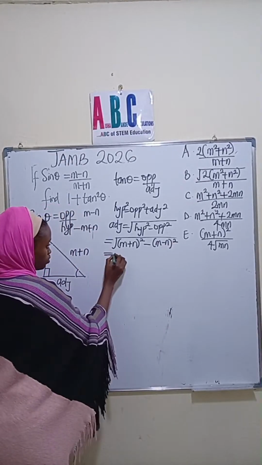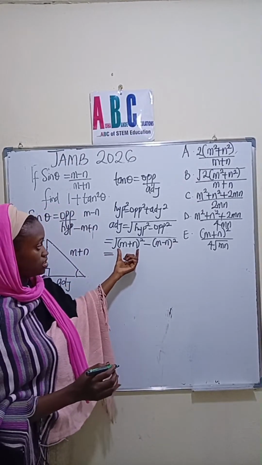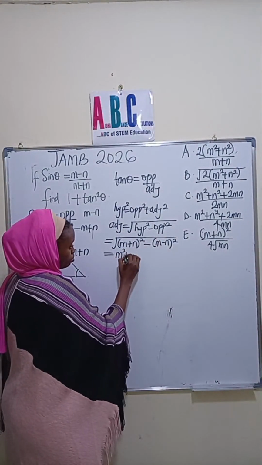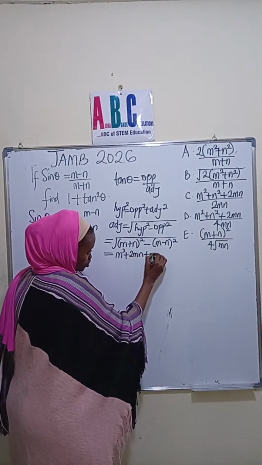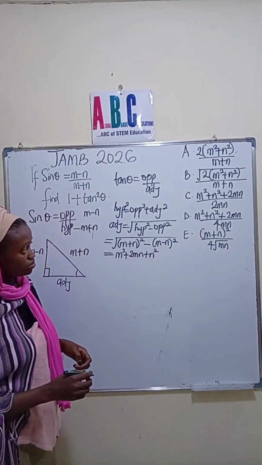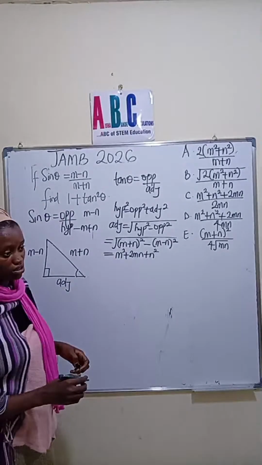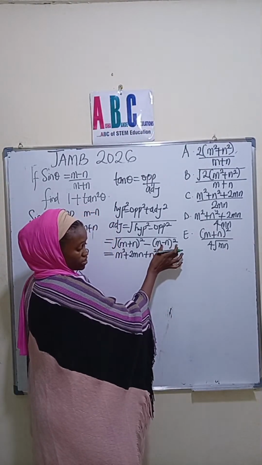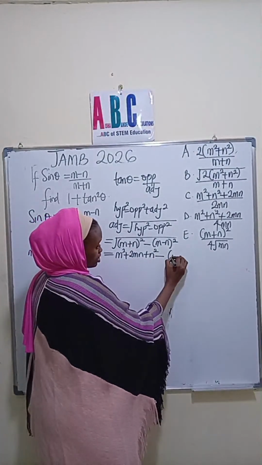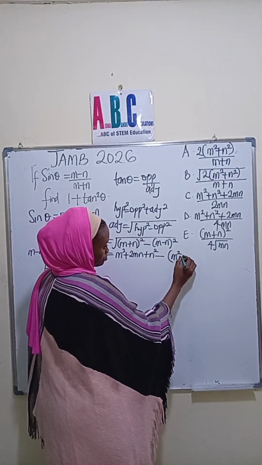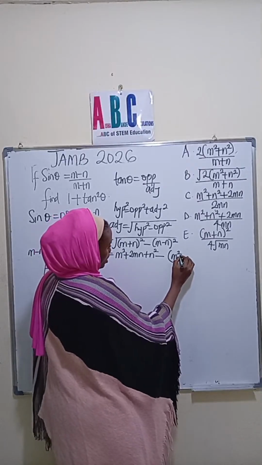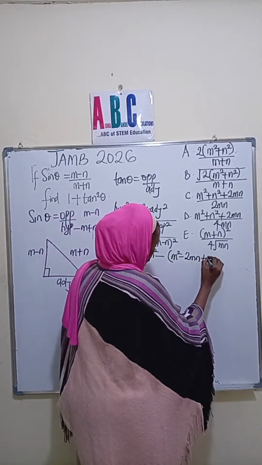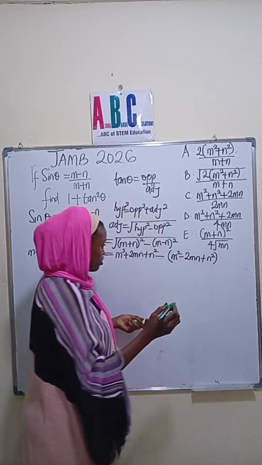Now let's open this up. M plus N square will give us M square plus 2mn plus N square. Am I correct? Then minus, now let's open up M minus N square. This will give me M square minus 2mn plus N square. Please let me know if I'm correct.